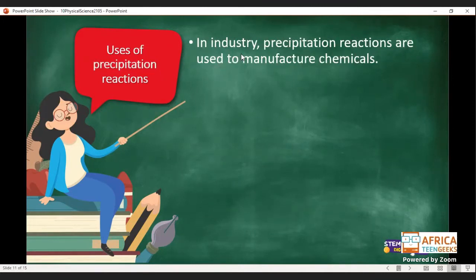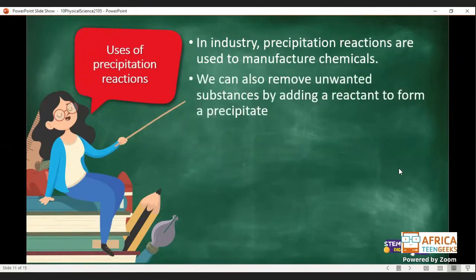So for grade 10, you need to know that precipitations are used to manufacture chemicals. The one that I saw in the Oxford was calcium carbonate, so limestone, okay? They use precipitation reactions to make chemicals.